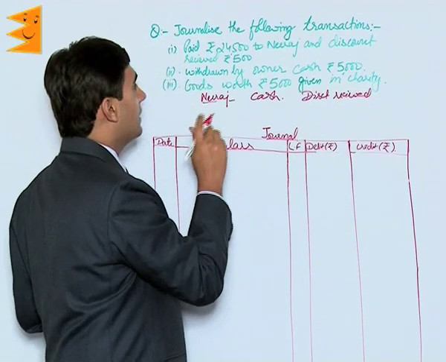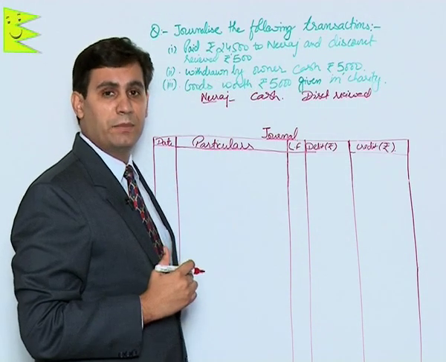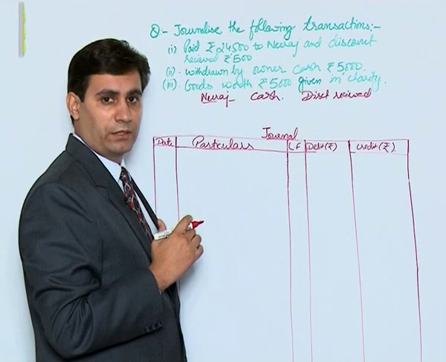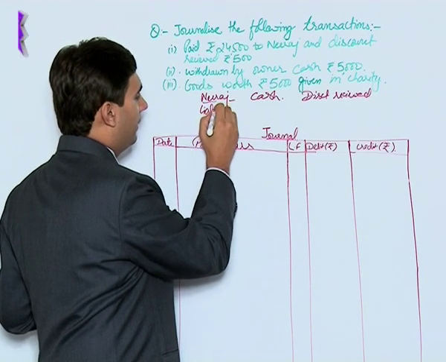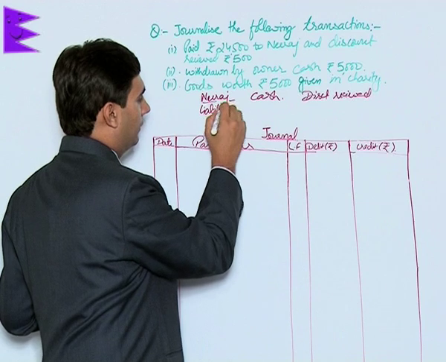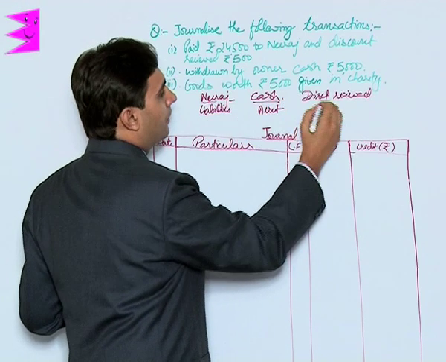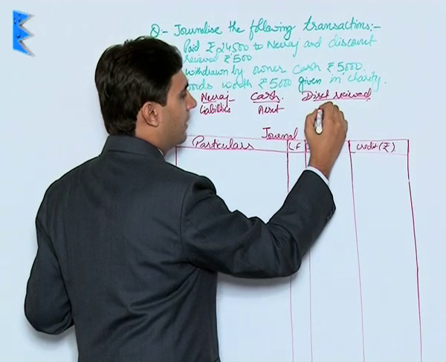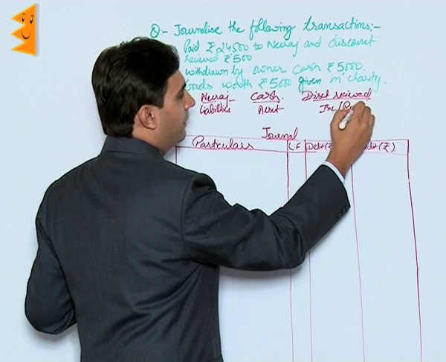Neeraj, since Neeraj is getting payment from us, that means we had to pay him something. So he was under the category of liabilities. Cash is an asset and discount received is our income, or under the categories of revenue.